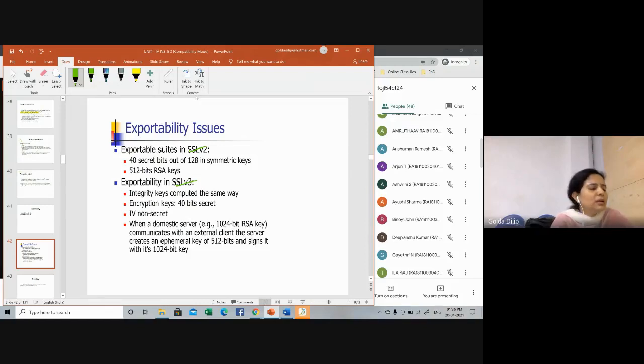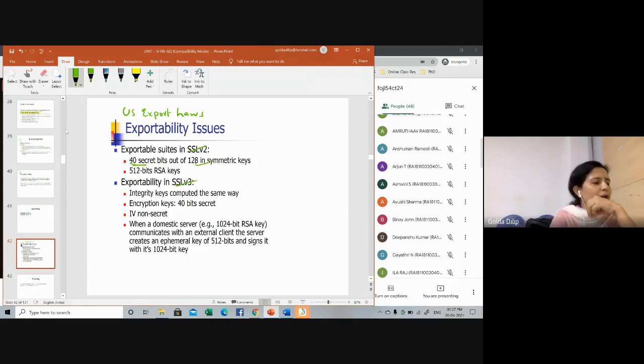As far as Secure Socket Layer version 2 is concerned, encryption was limited to 40-bit secret keys, as per the US export laws. But the actual cryptographic algorithm will be using a 128-bit key.